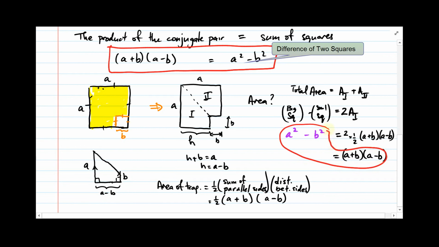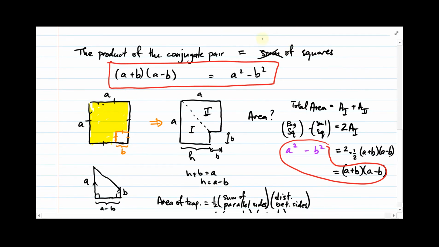So that's the geometrical way of proving this difference of squares. Sorry, up here, can we make a correction, please? Definitely very wrong here. Not sum of squares, but difference of squares. Sorry about that.